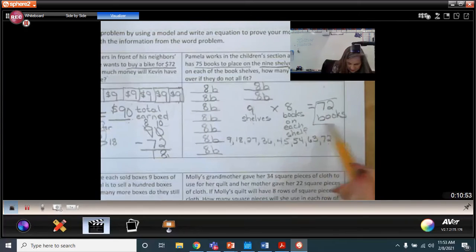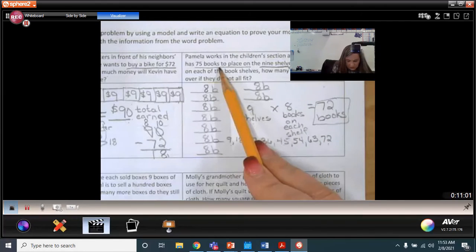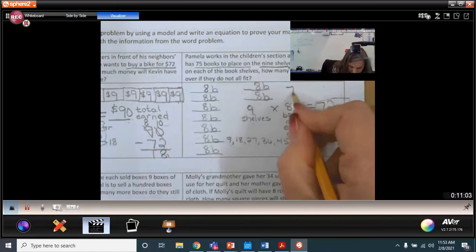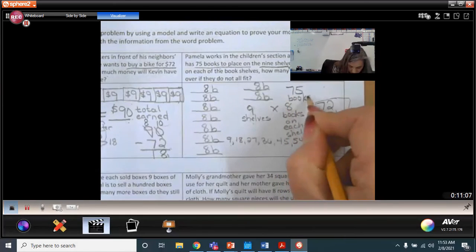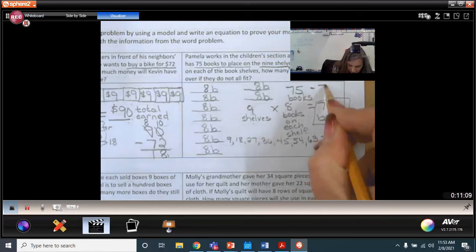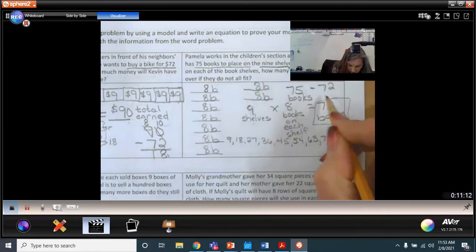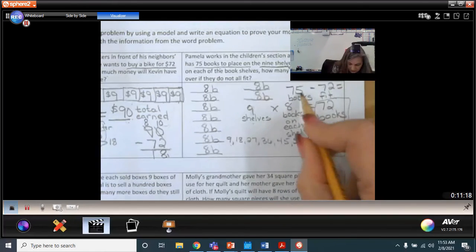Well, we see that 72 books is what she can put. If she isn't putting all of them, how many are going to be left? Well, we need to take these 75 books that she is supposed to put on, and subtract the 72 books that she was able to fit onto the shelves. What's her difference?